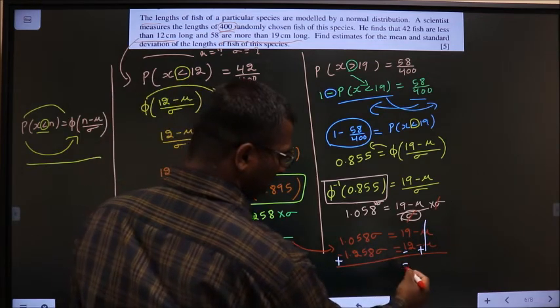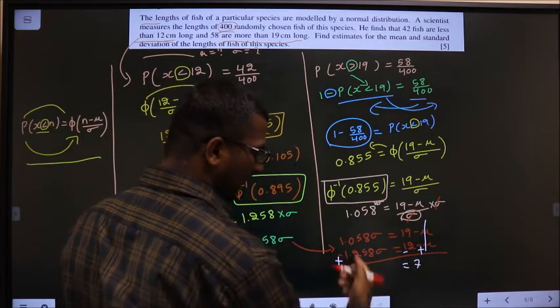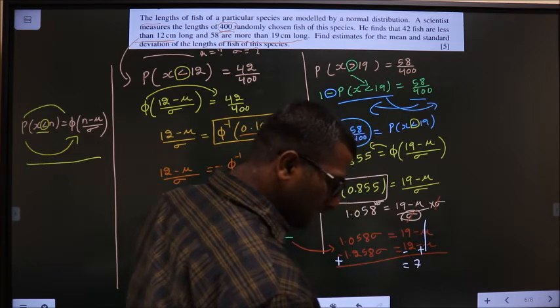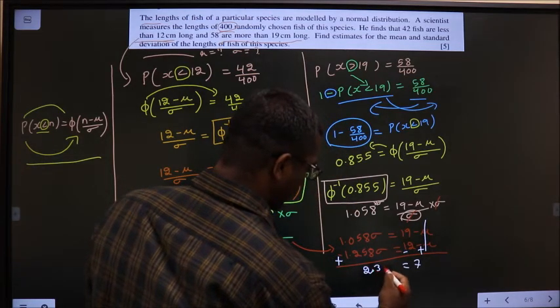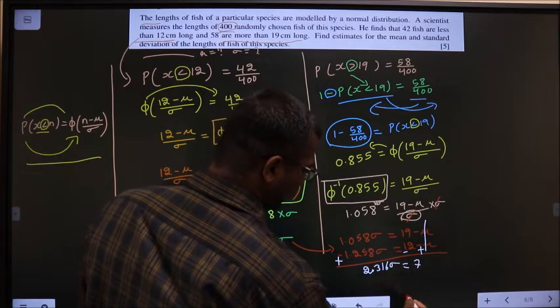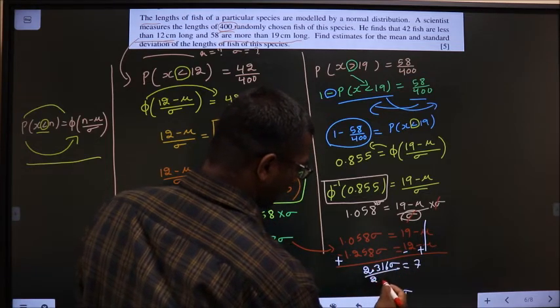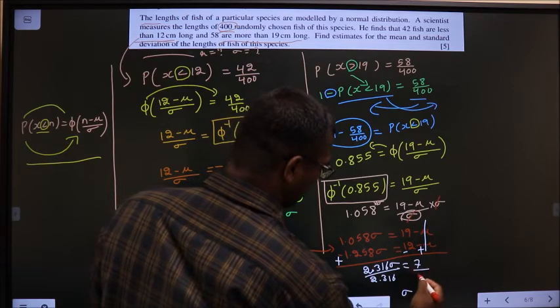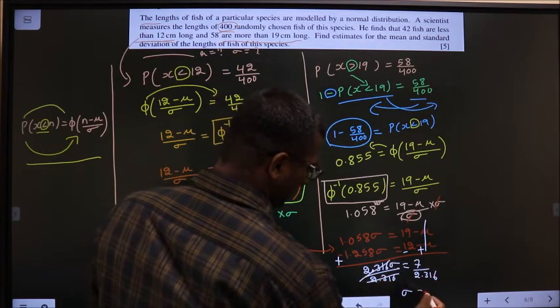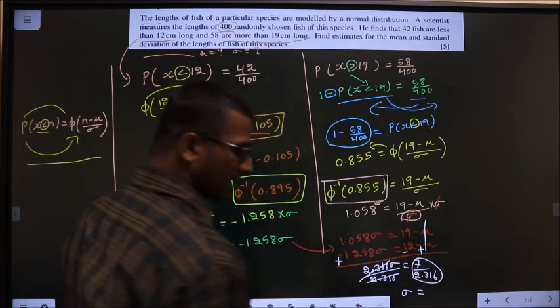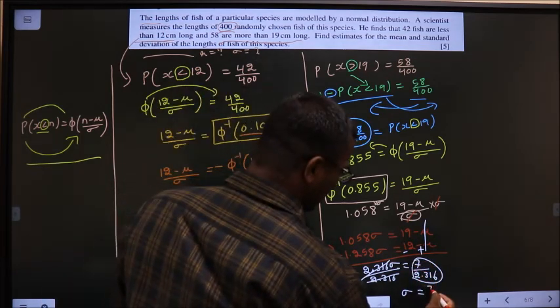So 19 minus 12 is 7. Here add these two. You will get 2.316 standard deviation. Now to get standard deviation, divide by 2.316 on both sides. So this gets cancelled. Put this in the calculator, you get it to be 3.03.